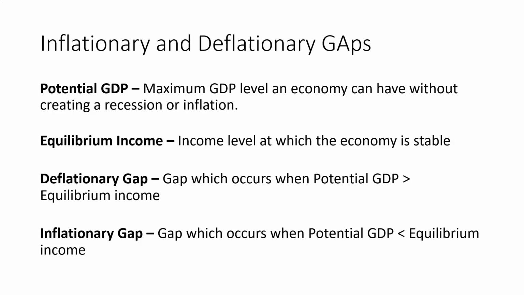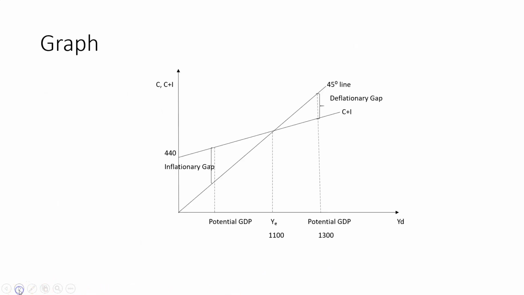Now, if we wanted to put these on the graph that we just had, this is what you'd see. I took the consumption function out of here just to make life a little easier. So here we are. If our potential GDP is greater than our equilibrium, we have a deflationary gap.